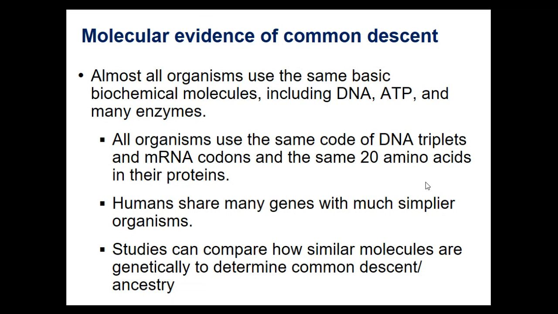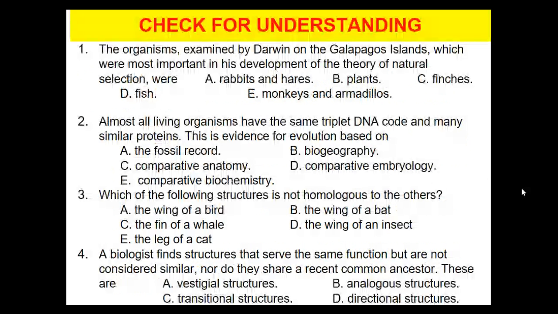So in that 100 million years, there's been more time for more genetic mutations, changes in those proteins. So that's one tool that scientists use to figure out how closely related two species are, how similar their molecules are.